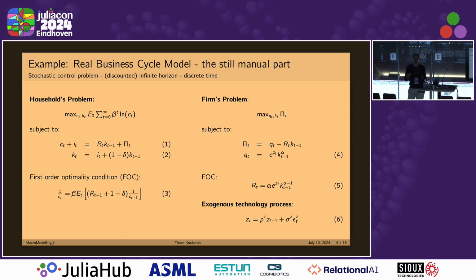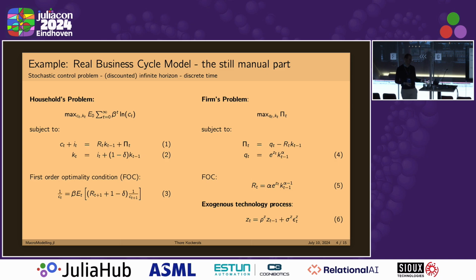For firms, it's their profits. And then they have constraints. The households have a budget constraint, and there's also capital in this model. The firms produce, they have a production function, so some technology to produce. And they want to maximize the production, minimize the cost. So this is how you would set up the problem.